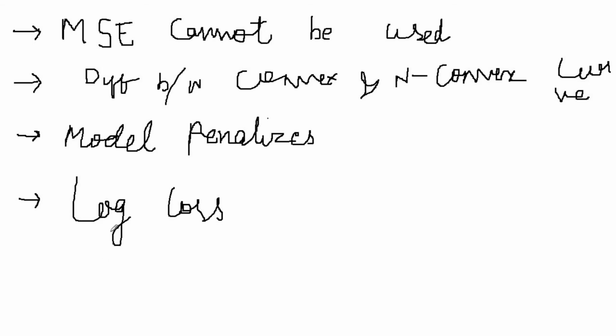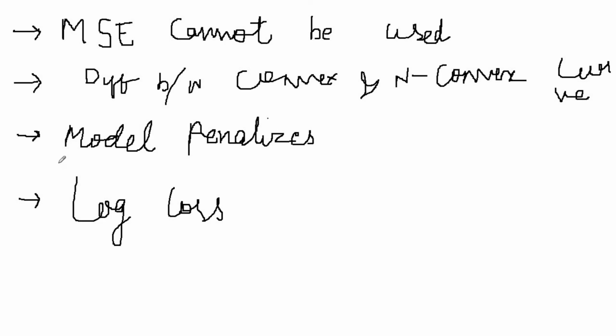So in this video we saw these main important points. First is why mean squared error cannot be used in logistic regression to find the cost function or the loss function. The difference between the convex and the non-convex curve, how a linear regression will result in a non-convex curve which will in turn not help our algorithm to find the global minima, and what is the convex curve and how we can find the global minima easily if we are using log loss or the cross entropy.